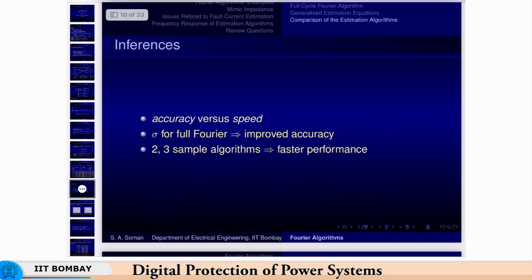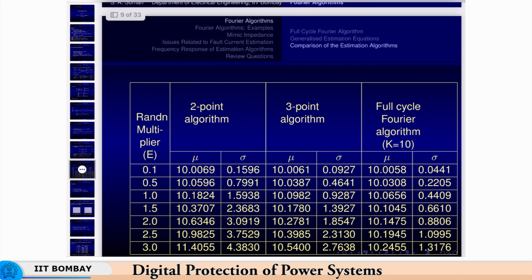Okay. So, we have got far improved accuracy here, quite close to 10, as compared to say 10.24 as compared to 11.4 or even 10.54. Okay.